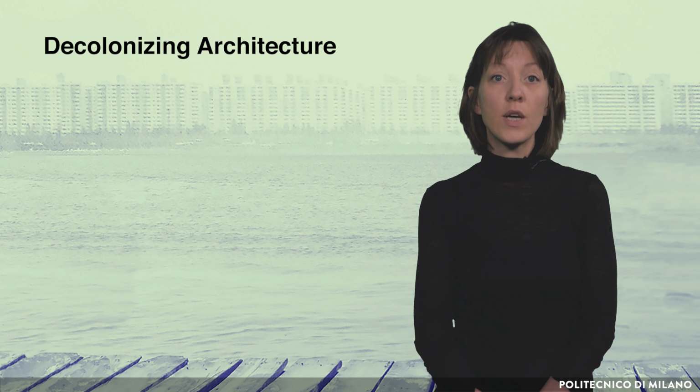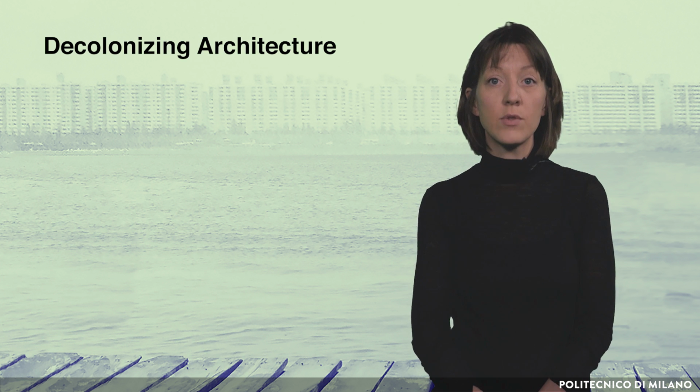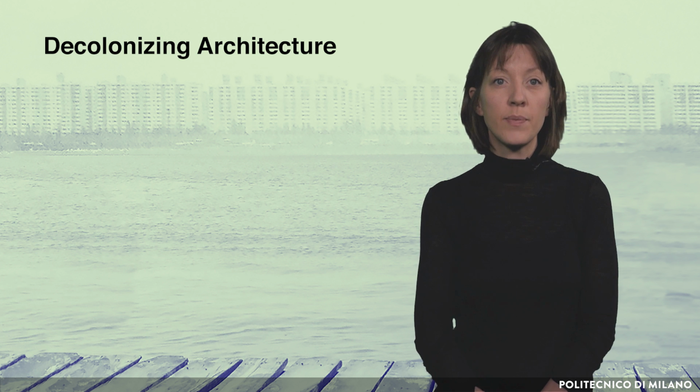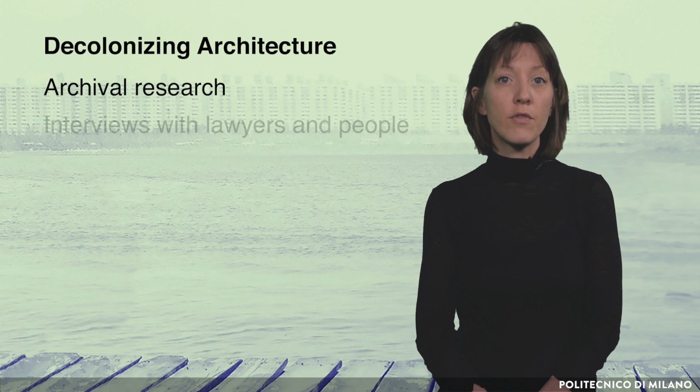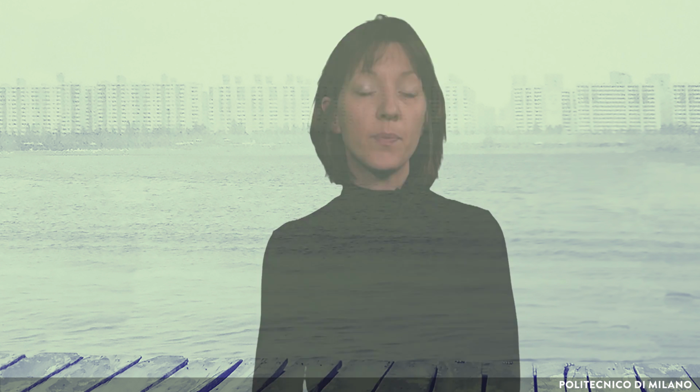The final example is from the colonizing architecture, who are interested in how the legal status of a space affects its use. The colonizing architecture use archival research combined with interviews with lawyers and people who use the area to create such maps. What becomes apparent from these examples is that the type of data that is collected and the way it is collected will have a big impact on what the map is able to show.